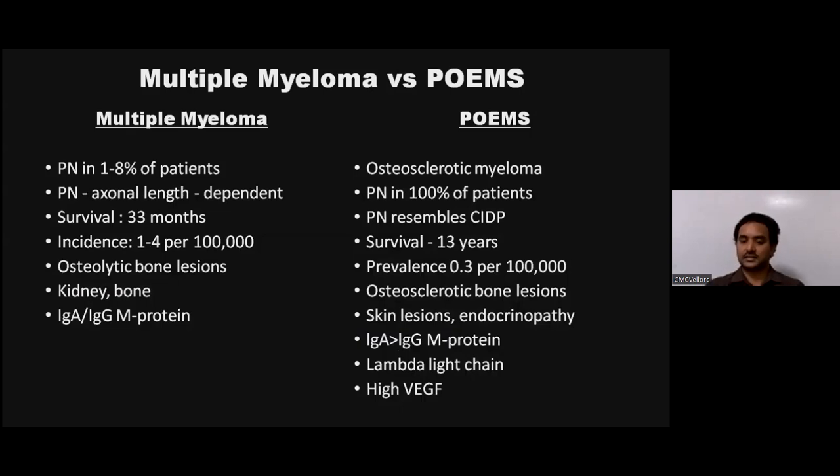Skin lesions, I'll come to that in the next slide. Endocrinopathies; mostly it is IgA M protein, lambda light chain will be there, and another criterion is high levels of VEGF. In multiple myeloma it is axonal with osteolytic bone lesions, whereas this is osteosclerotic, and the other CRAB features, hypercalcemia, anemia, bone pain, will be associated.